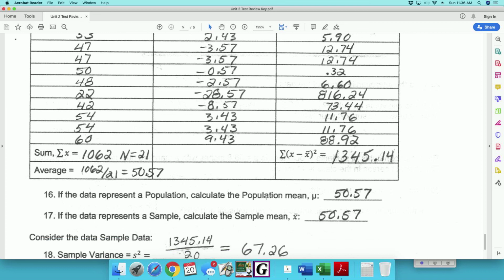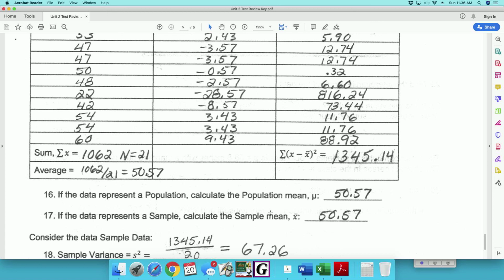Now, for this case, the average of the population, mu, is 50.57. If we look at the data like a sample, it's x bar, and it's exactly the same average. So these should be the same number.